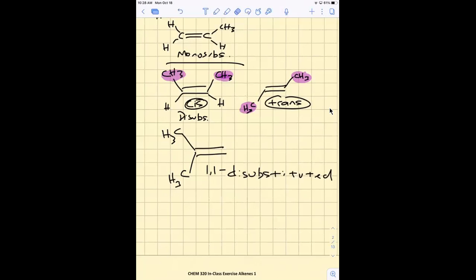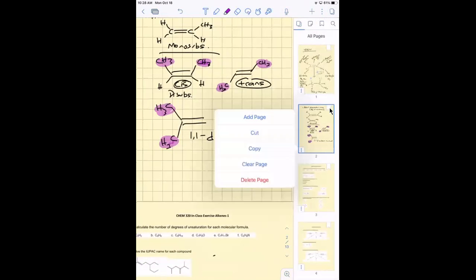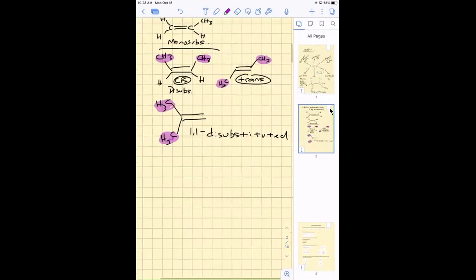Right, so that can't be cis or trans because both groups are on the same carbon. And then with trisubstituted alkenes, you have to use a different convention. So let me talk about that for one second, and then we're going to get down here to some of these examples.